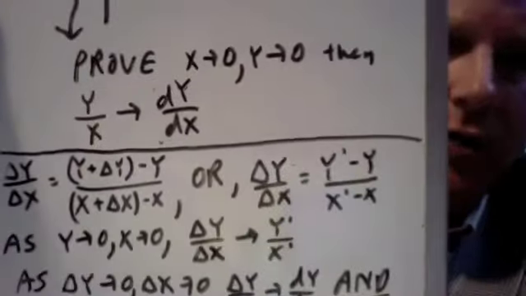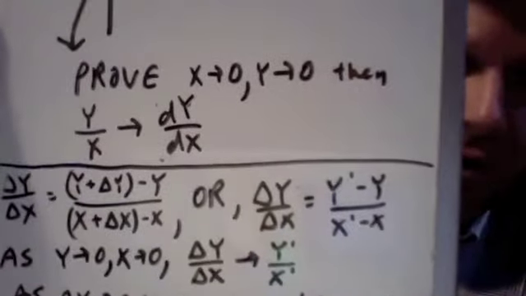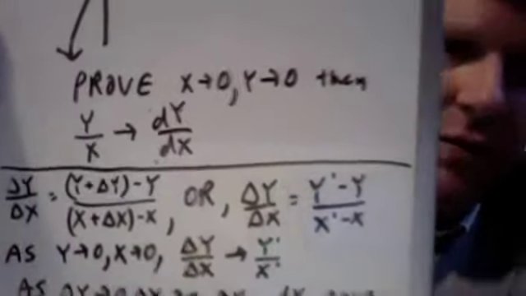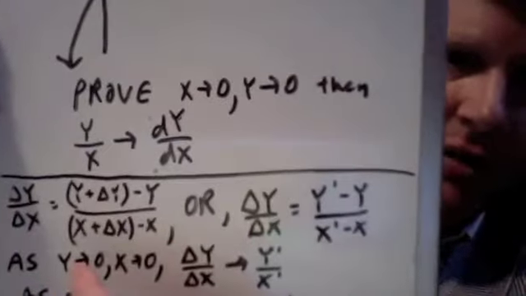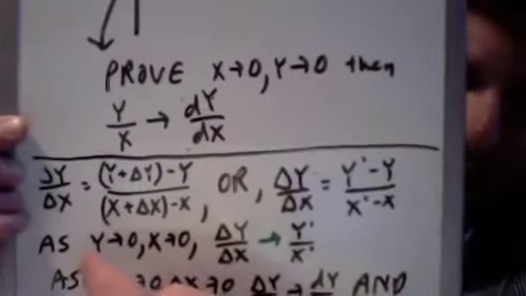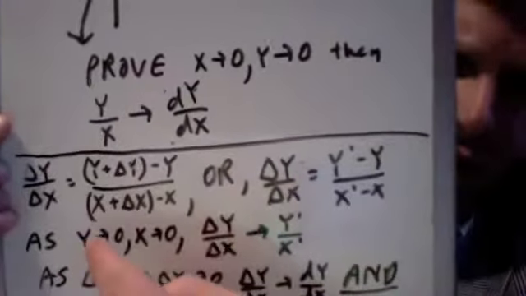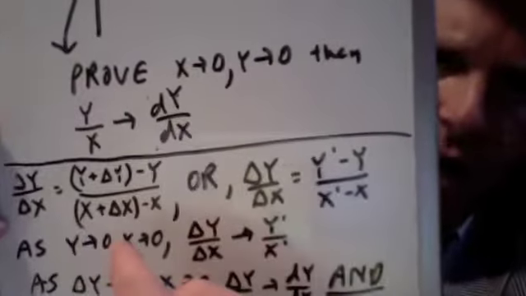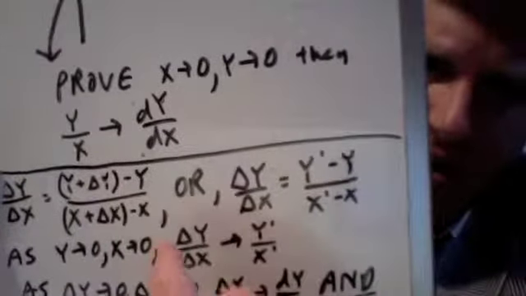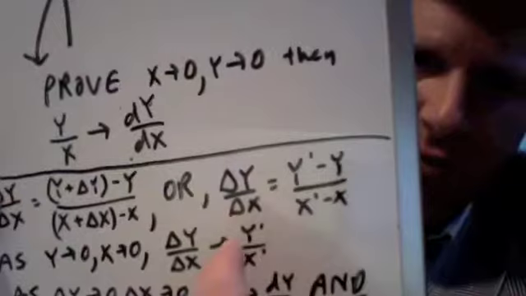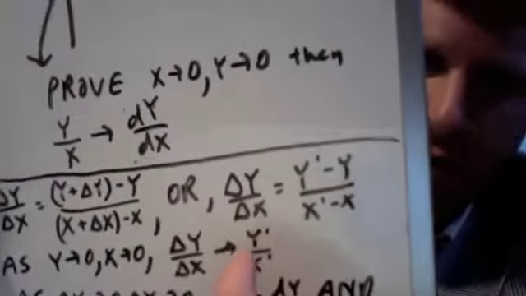And as you know, as y approaches 0 and as x approaches 0, delta y over delta x approaches y prime over x prime.